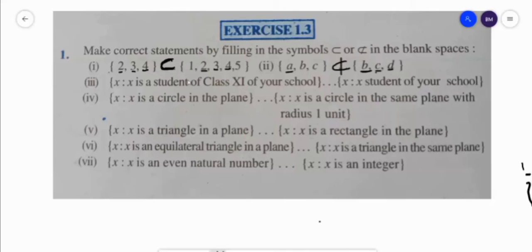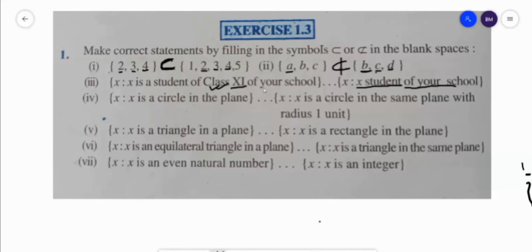Next, the set of all those students X such that X is a student of class 11 of your school, and X is a student of your school. Now see that this is the bigger set, this collection is the greater collection. Obviously, every class 11 student is also a student of your school.